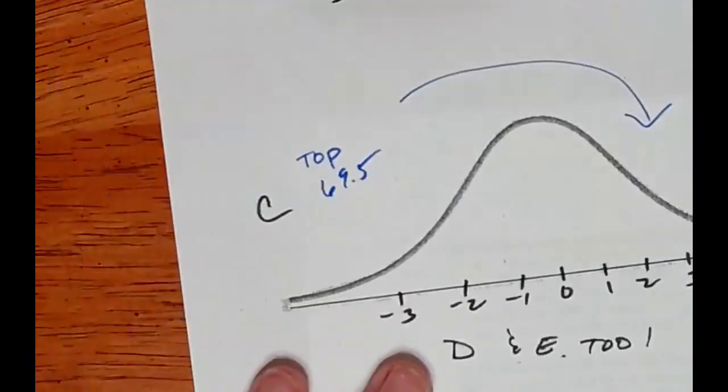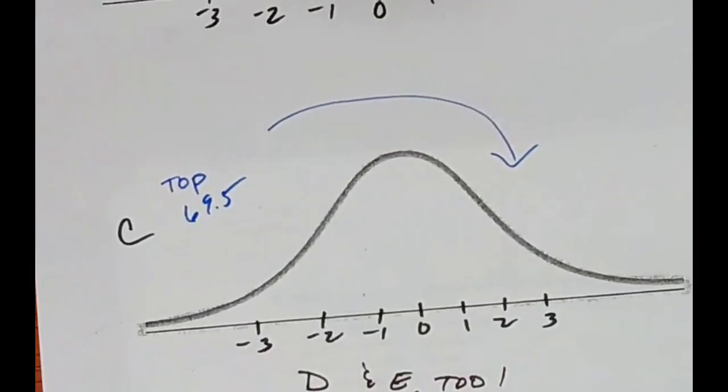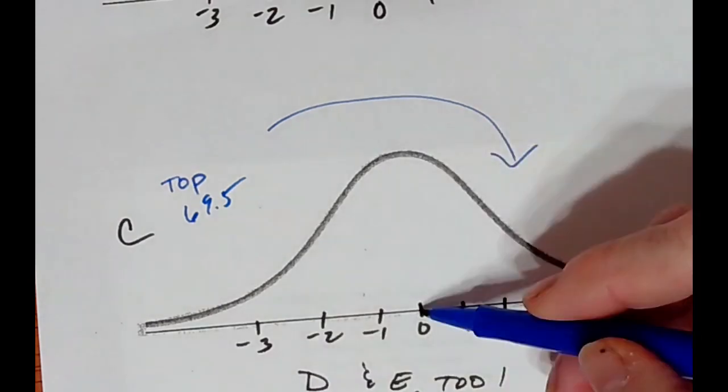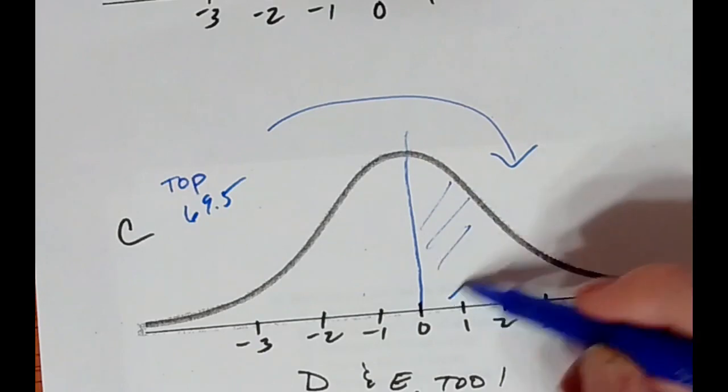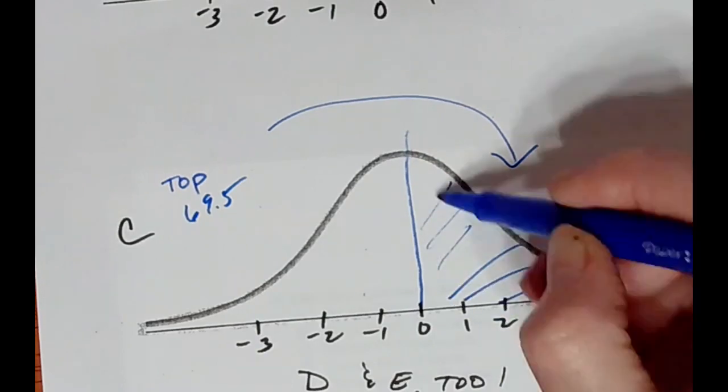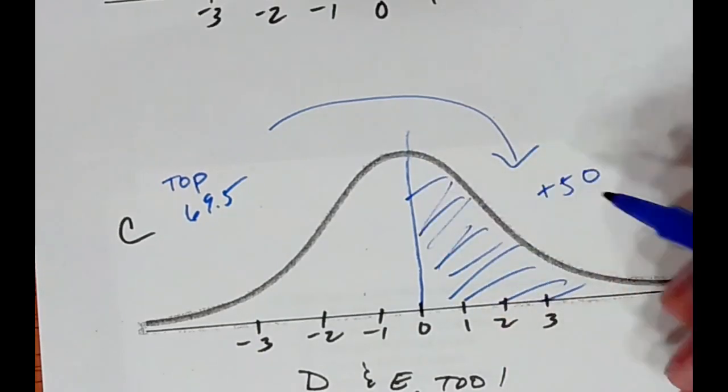All right, then C is a little more tricky because it says the top 69.5%. The thing we need to know is we're looking for the top, and 69%. If I'm looking for the top, I'm going to take all of this, so it's plus 50.